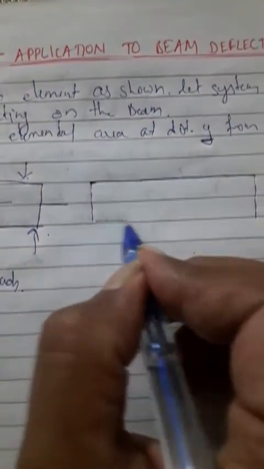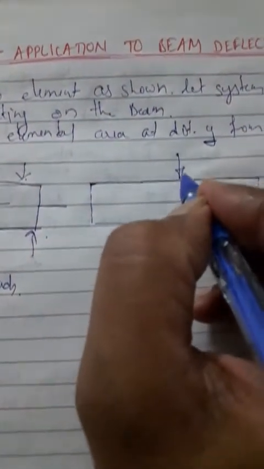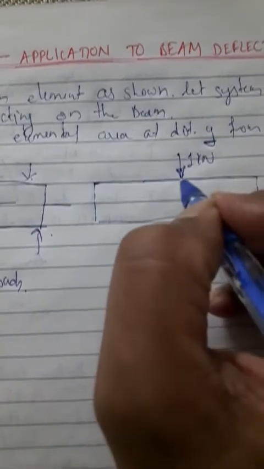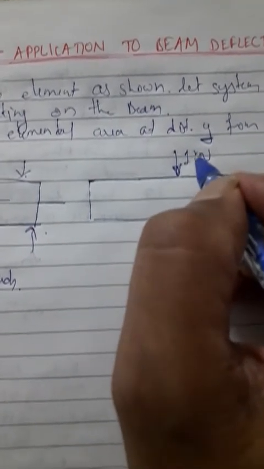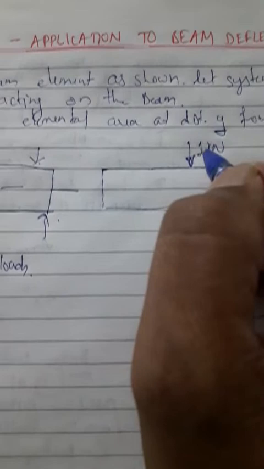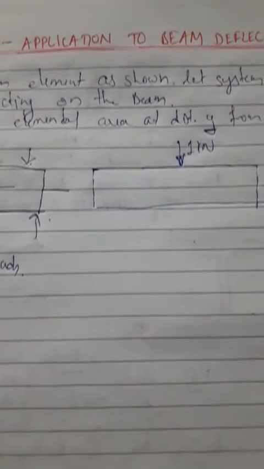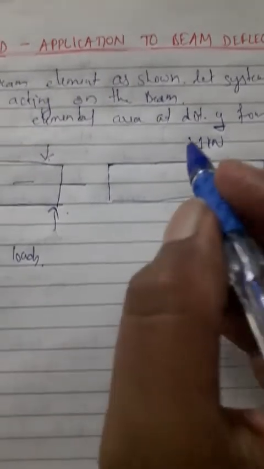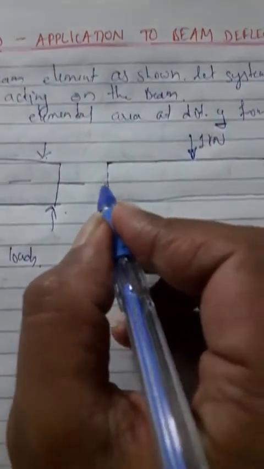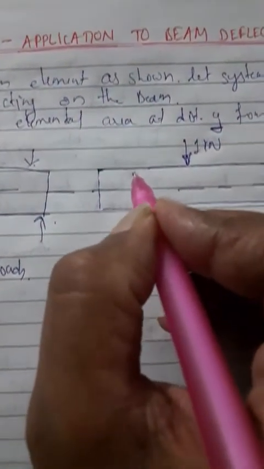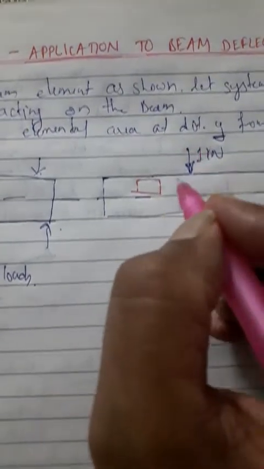wherein a unit load is acting at the required point. If I want to find deflection at this point, I am going to apply a unit load. So that is why this method is also called the unit load method, or it is also called the virtual load, an imaginary load which you are applying. Let this be the CG axis. Consider an element.